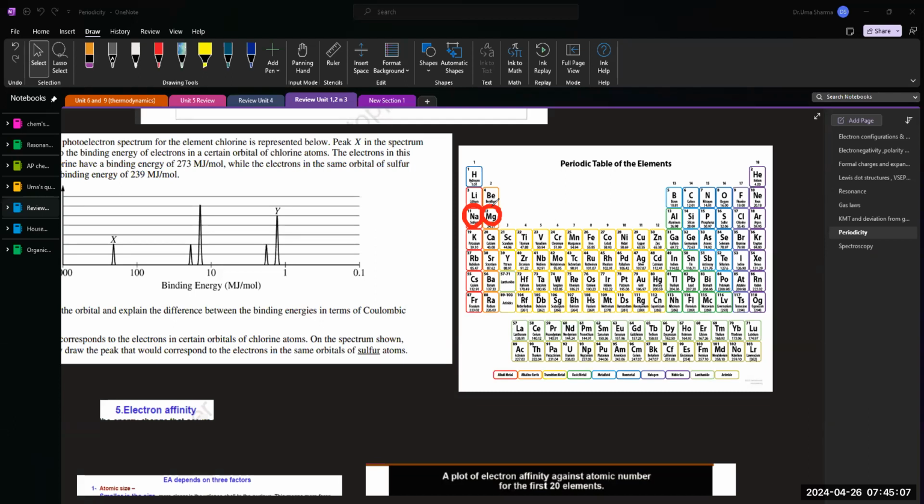Sodium or magnesium? Which one has stable configuration?